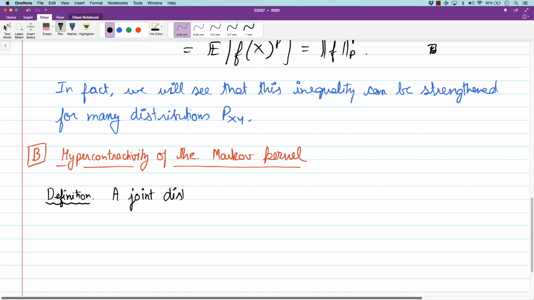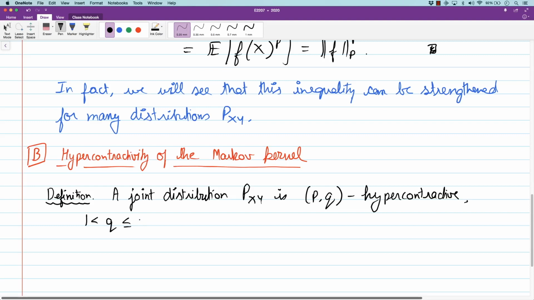A joint distribution Pxy is PQ hypercontractive, where Q is less than or equal to P, and so we are ruling out P being infinity and 1.